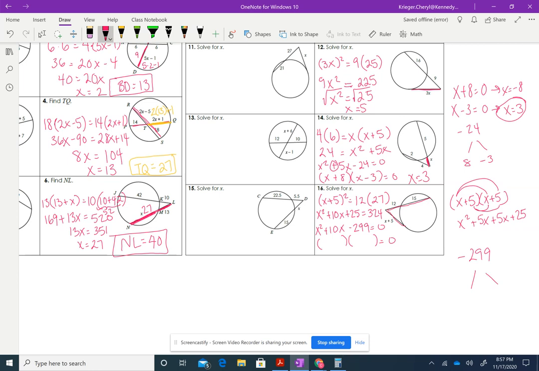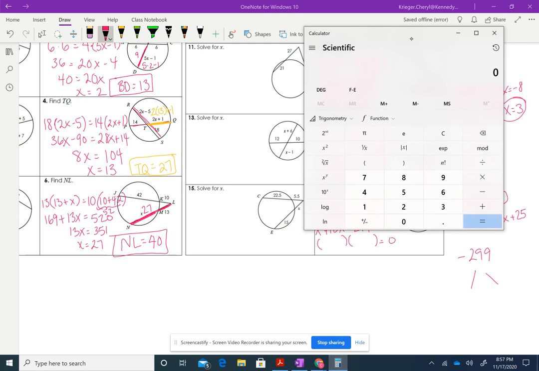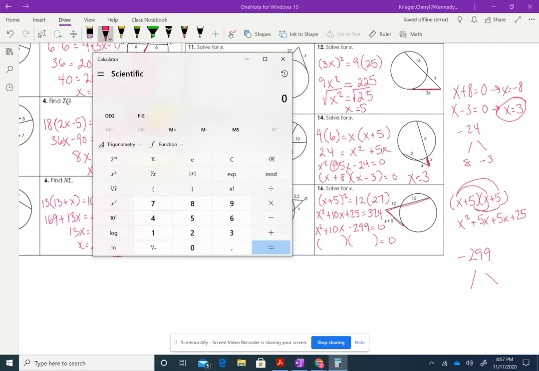Okay, so I have no idea if I can drag this over. So 299 divided by 3. Nope. 299 divided by 18, 19, 20, 21?